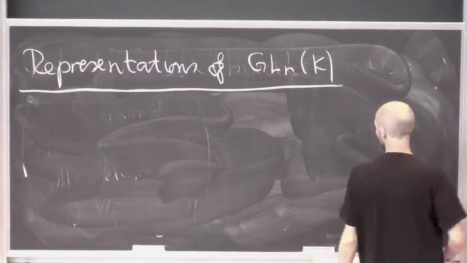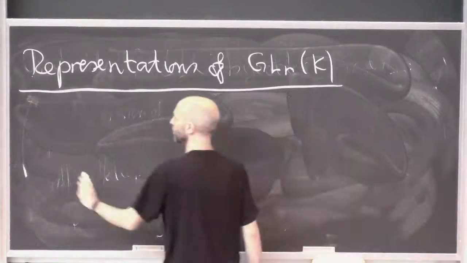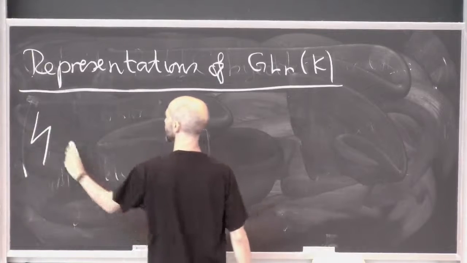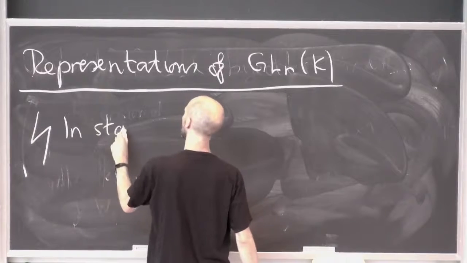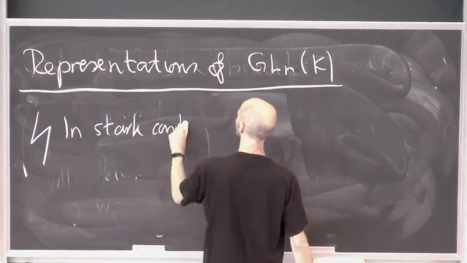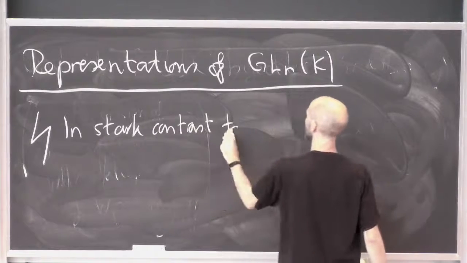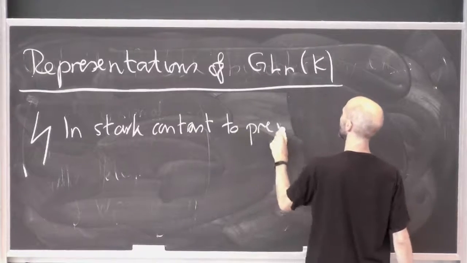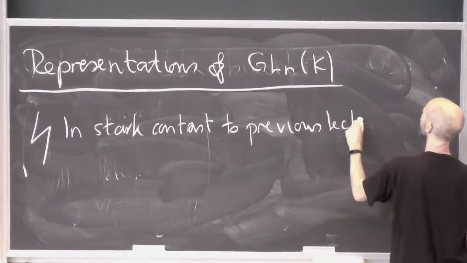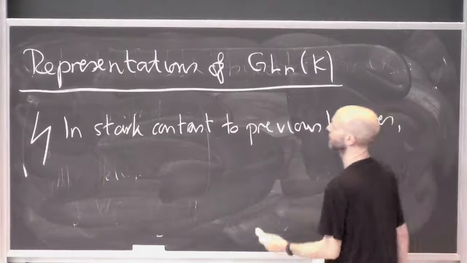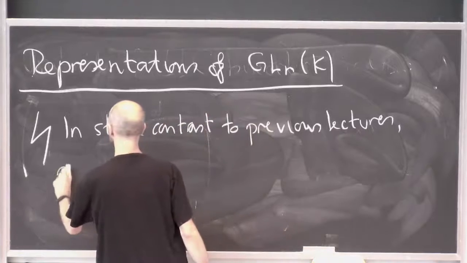So these representations are of a different nature. So it's a warning, almost all in stark contrast to the previous few lectures. Almost all representations here are going to be infinite dimensional.